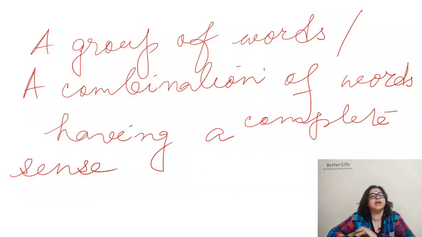So the new definition of a sentence is that a word or a group of words having a clear meaning in a given context is a sentence. So there can be single-worded sentences, and there can be multi-worded sentences.